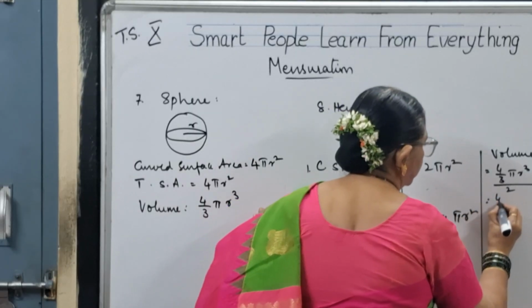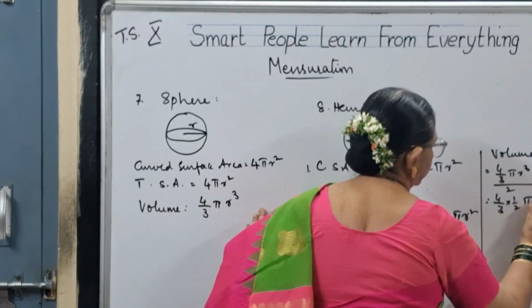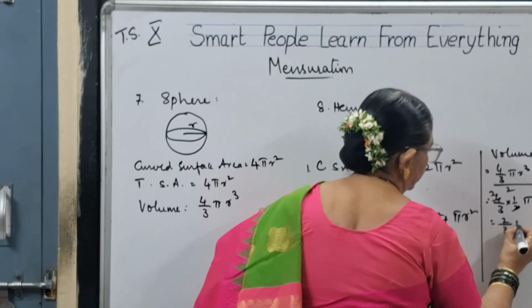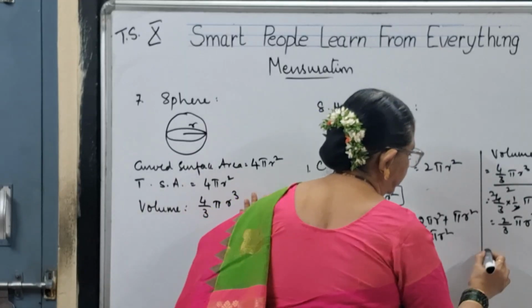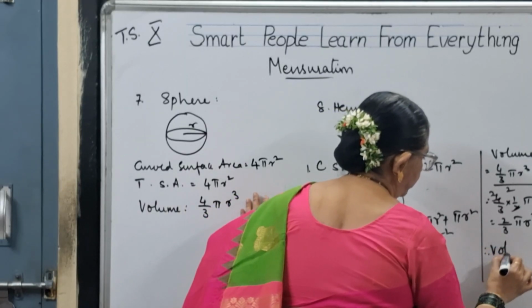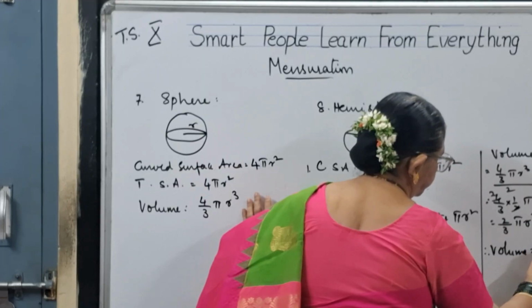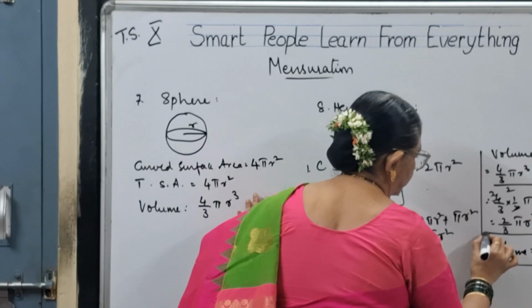That means 4/3 into 1/2 pi r cube. 2 ones are 2, 2 twos are 2. So 2/3 pi r cube is the formula that you will be getting. Therefore, volume is equal to 2/3 pi r cube.